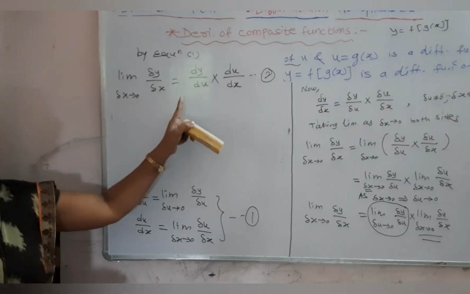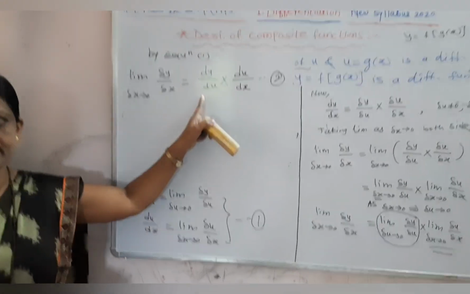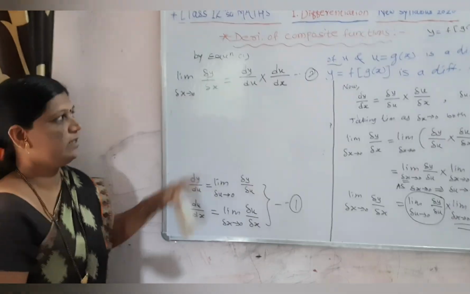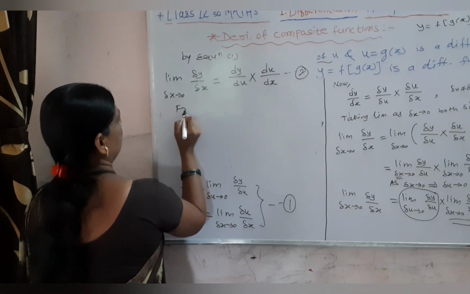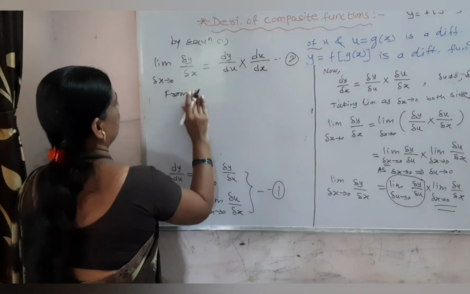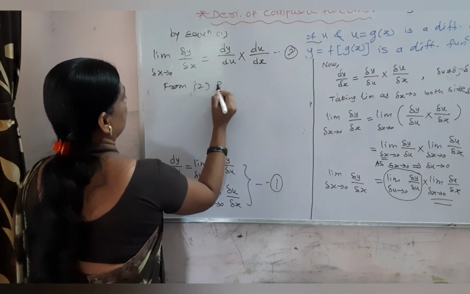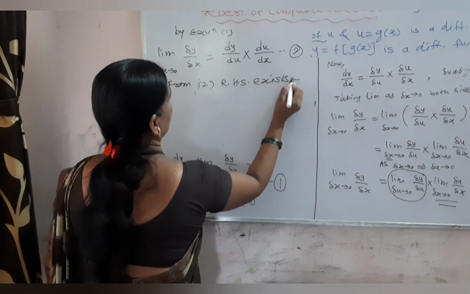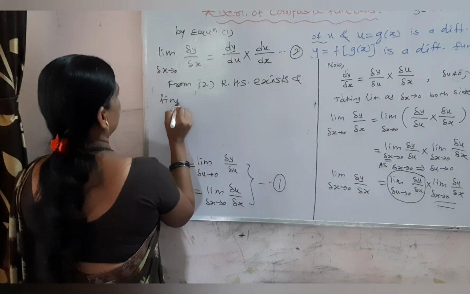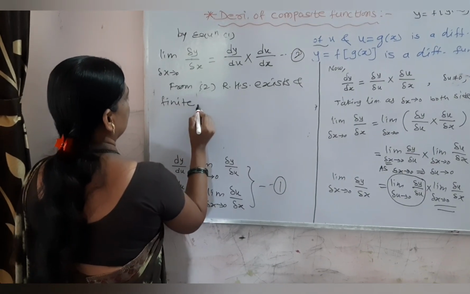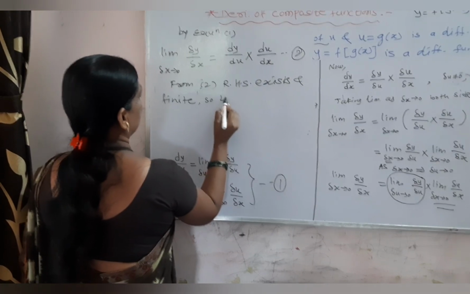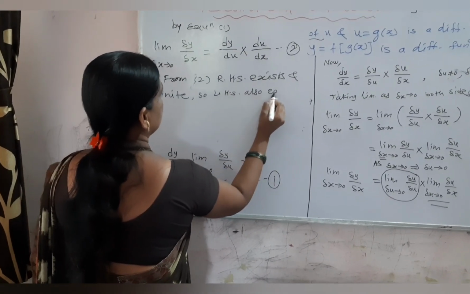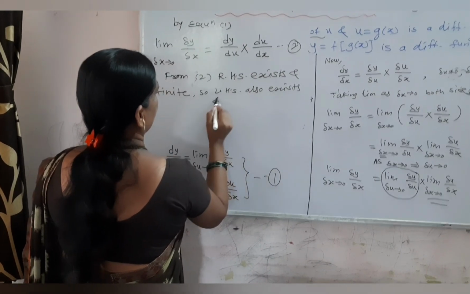Now look at equation 2. The right hand side exists, so the left hand side also exists. From equation 2, RHS exists and is finite, so the left hand side also exists and is finite.